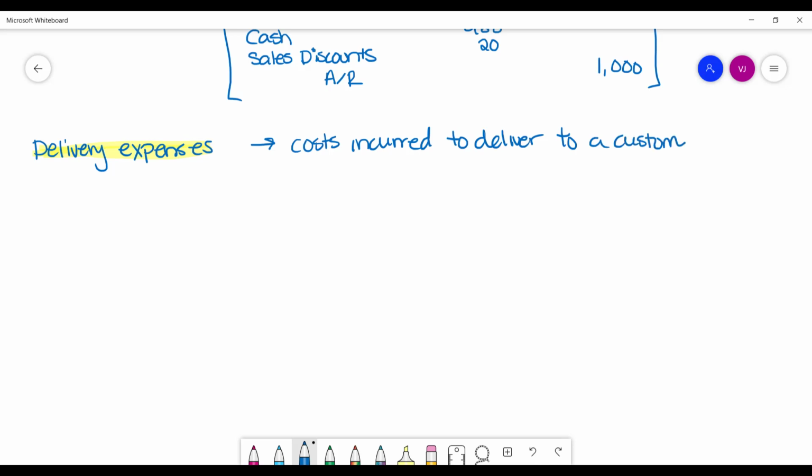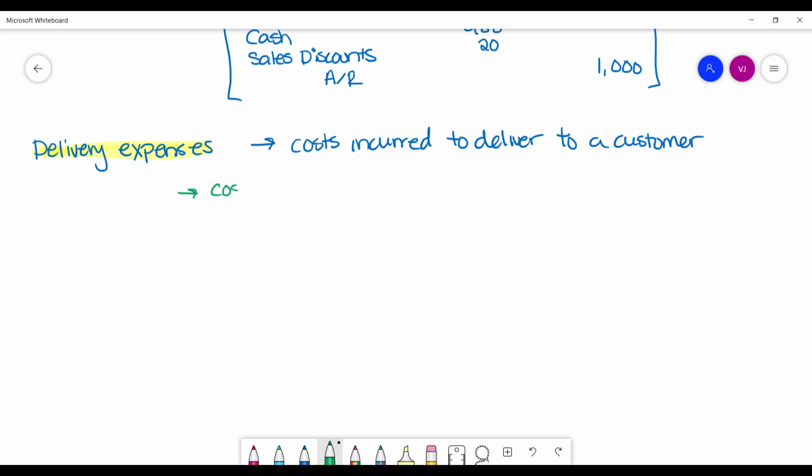So we're switching the perspective here. You're not the one buying the merchandise, but the one selling something. So if a seller incurs any costs to deliver merchandise to a customer, how are we going to treat delivery expenses?